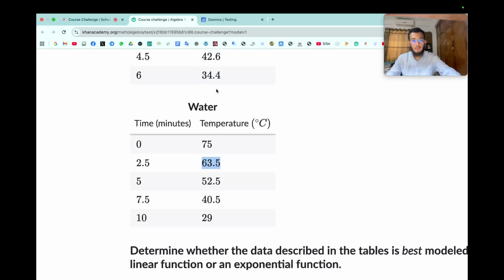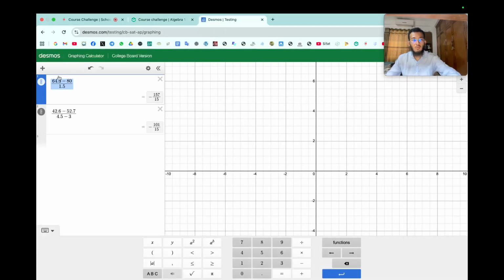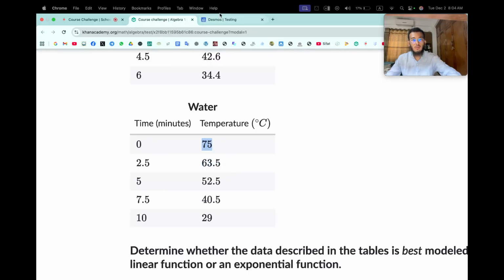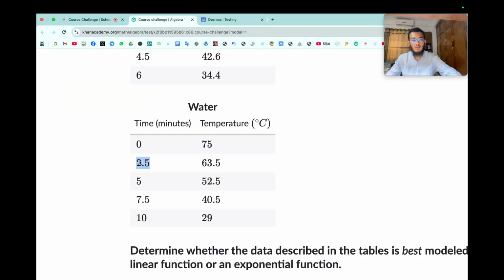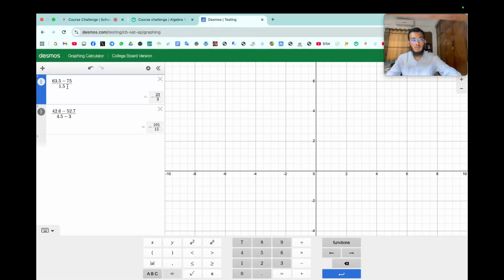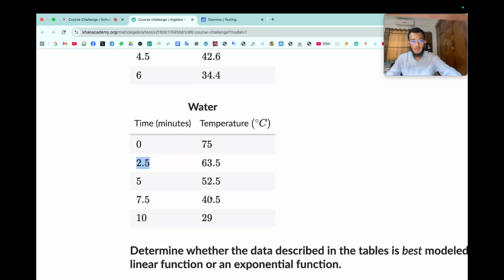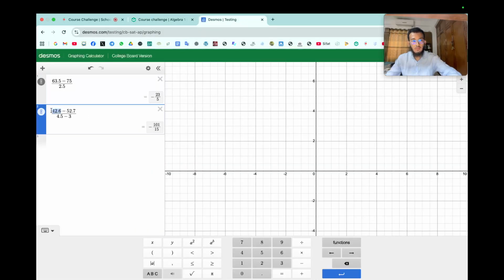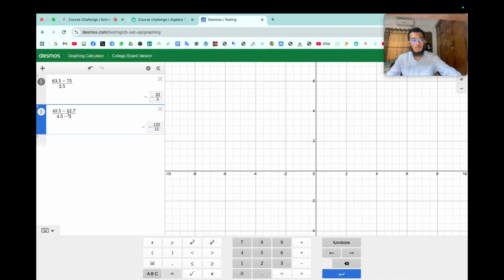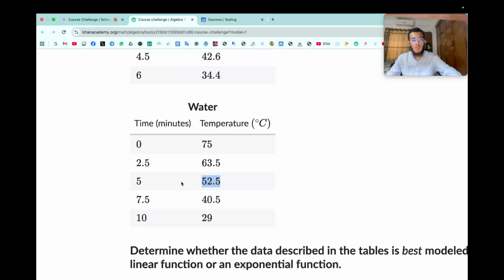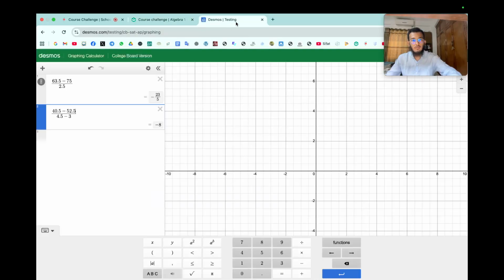What about water? Let's see. y2 minus y1 over x2 minus x1, 2.5, and again y2 minus y1 over x2 minus x1.